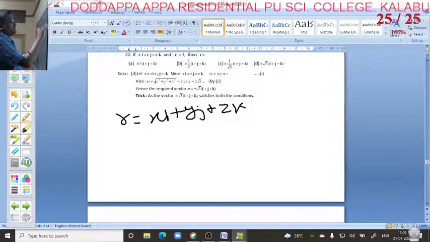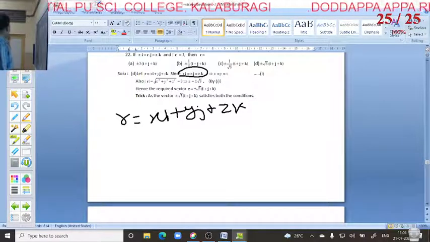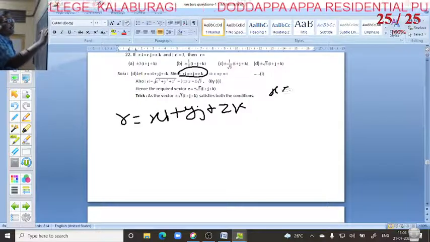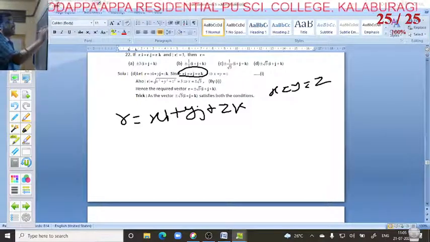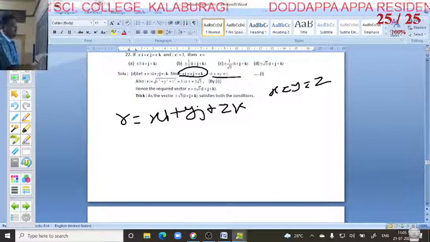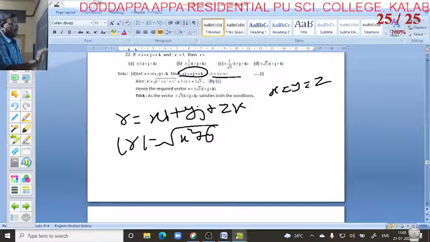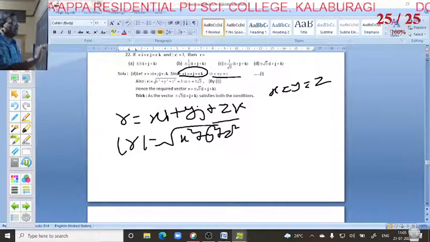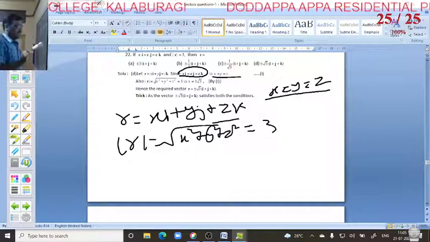These three are equal, so x equals y equals z. The magnitude of vector R is the square root of x square plus y square plus z square, which equals root 3.